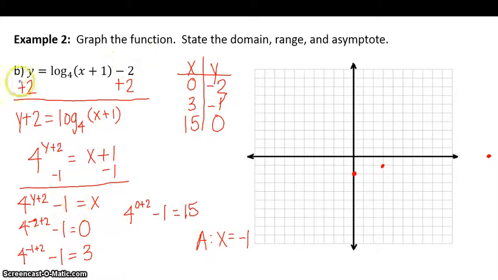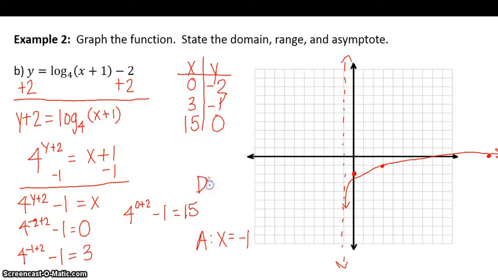If you're just looking at the log equation, it's whatever's in the parentheses of the log, but you do the opposite of it. So there are two different ways you can do that. So then I draw in my dashed asymptote at x equals -1. Draw in my curve, so it's going to increase pretty quickly here.